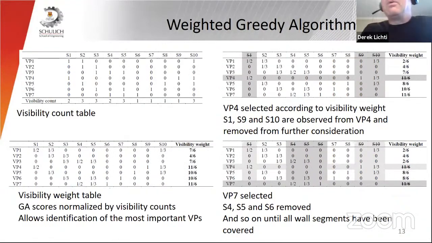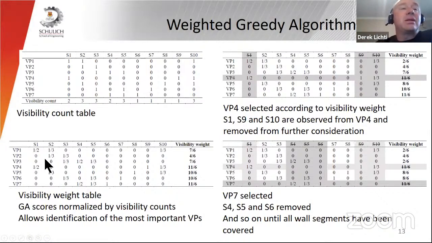Now, we've recognized that this doesn't necessarily consider priority amongst viewpoints. So maybe there are some that are more important than others, and I'll explain why. So first of all, though, let's take our visibility score table and compute the sums along each column, so the visibility count. And we use those to normalize the entries in the visibility score table.